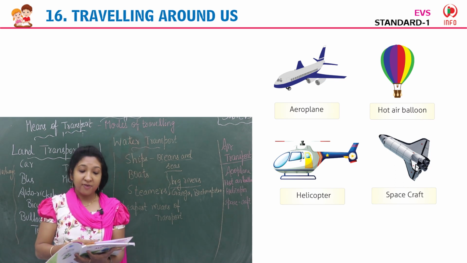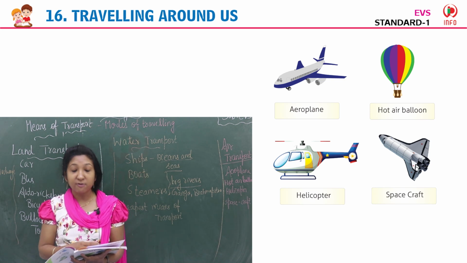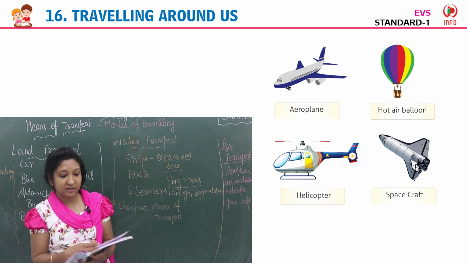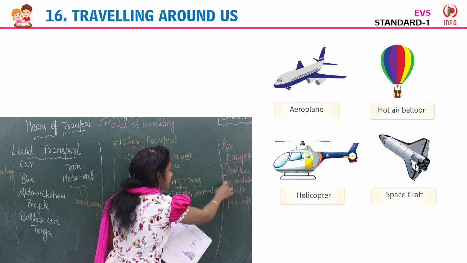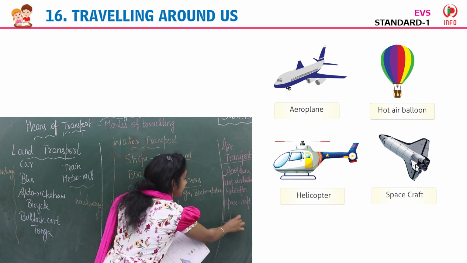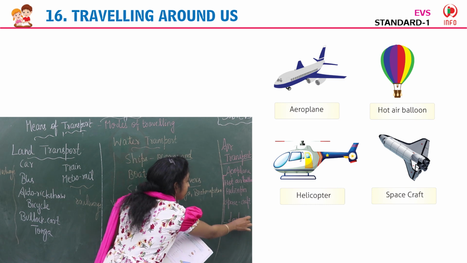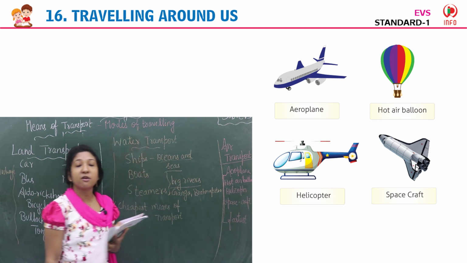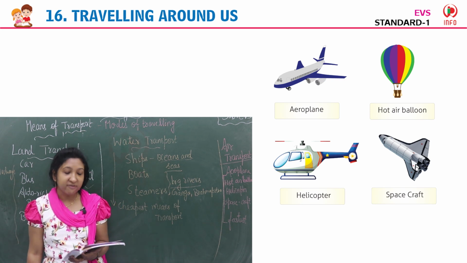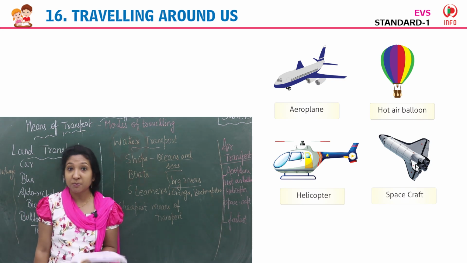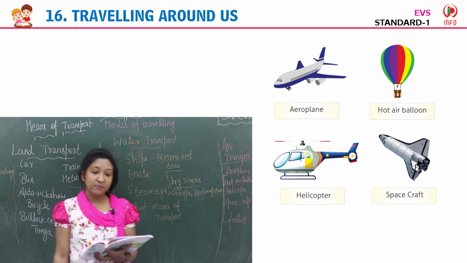Okay. Fact finder: aeroplanes are the fastest means of transport. We can say the fastest means of transport is aeroplane. So spacecraft is the vehicle that carry people to the space, to study about space.